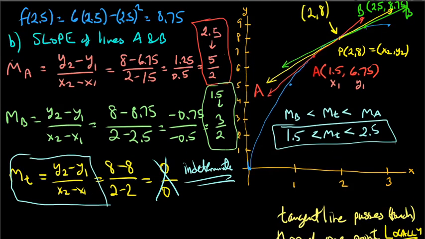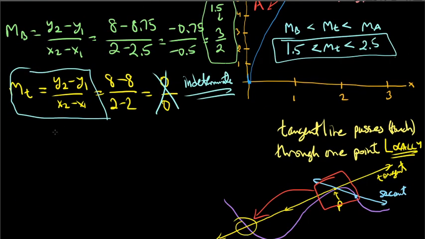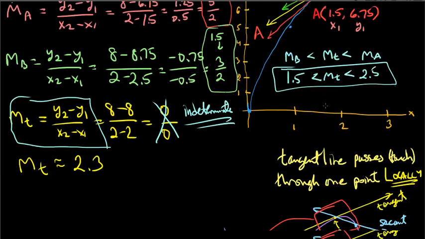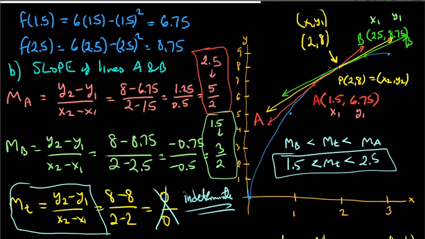Take a guess. Your guess is as good as mine. How about 2.3? Although looking at the graph, it looks like it's closer to line B than line A.